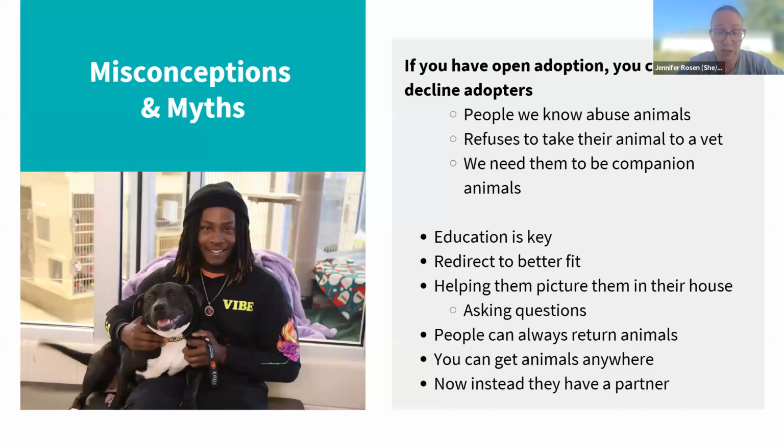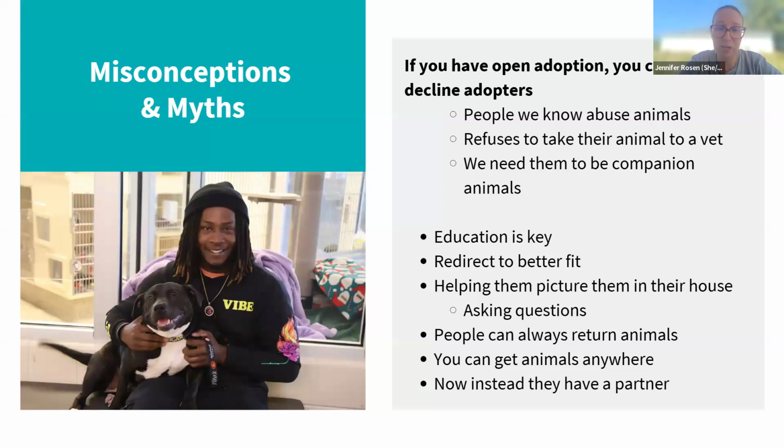Those are things that, back in the past, we had done. And I will tell you, we spent a lot of time doing all these extra steps and making people bring in proof of this and proof of that. And it really is a barrier to adoption because 99% of the time, most people who are coming into our facilities are good people looking to get an animal.